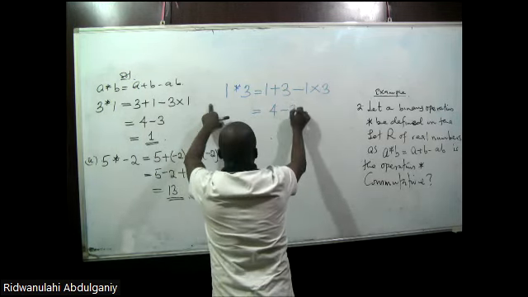Take care. John picked 4 and 6. I would have loved one positive, one negative, but there's no problem. Let me take 4 and 6. Consider, we give a counter example. Consider 4, 6 members of real numbers. So we take 4 operation 6 first.